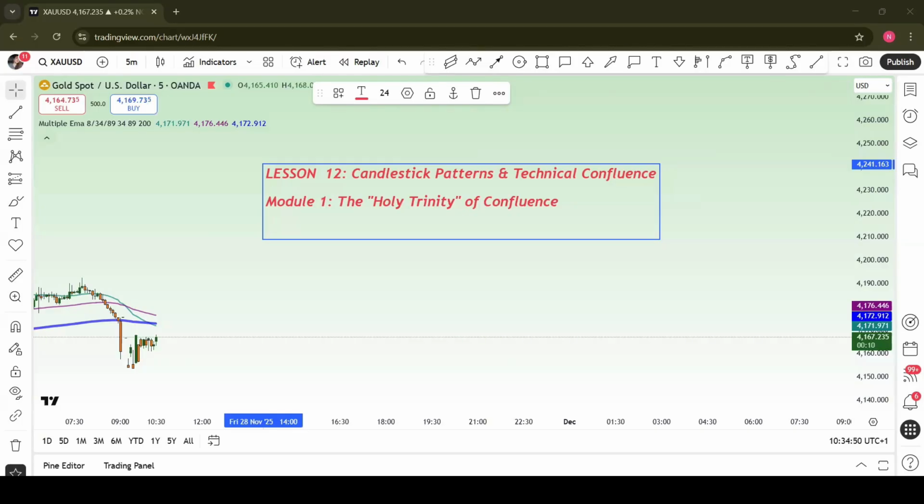The first question we need to ask when we set up any signal by using candlestick patterns in confluence with other technical analysis is the location, which is where. Where is that candle? It's lying on which location on the chart?